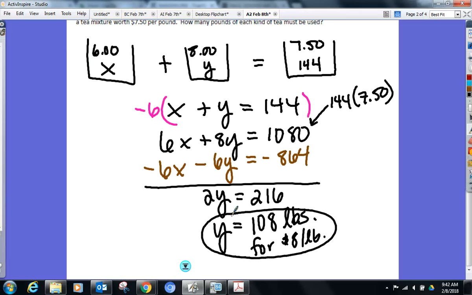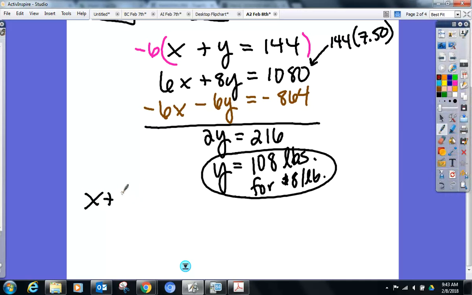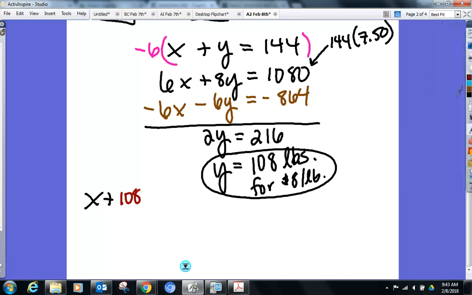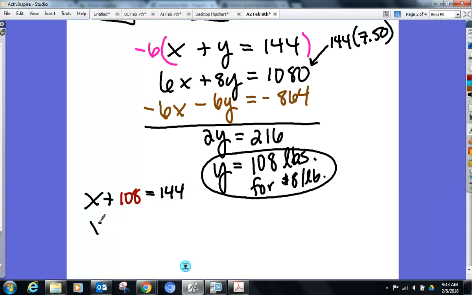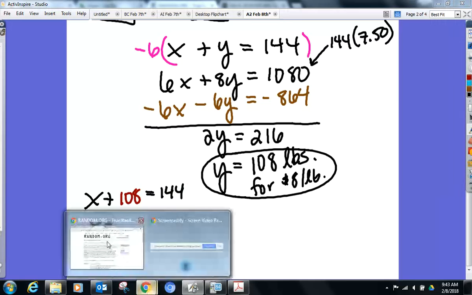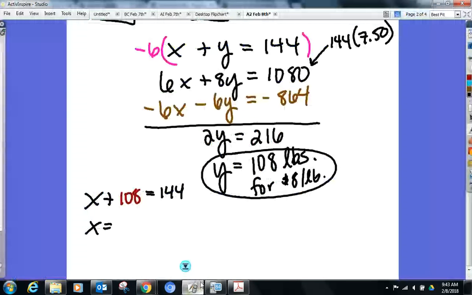What about the $6 a pound? Substitute back in. You know you need 144 pounds total, right? So x plus your 108 equals 144. So I'm going to need how many pounds for that one? Number one, how many pounds?